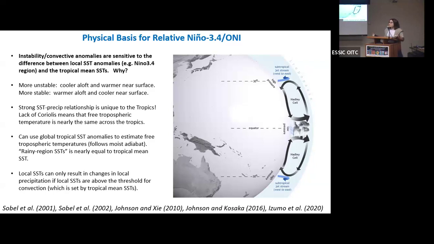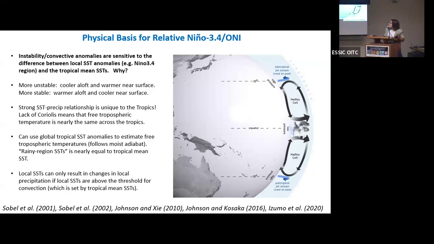That means you can use global tropical SST anomalies as a proxy for the free troposphere, by which I mean above the boundary layer. It follows the moist adiabat, as others have shown. Rainy region SSTs are nearly equal to the tropical mean. I almost think this is magical, but this is one of the reasons this all works.